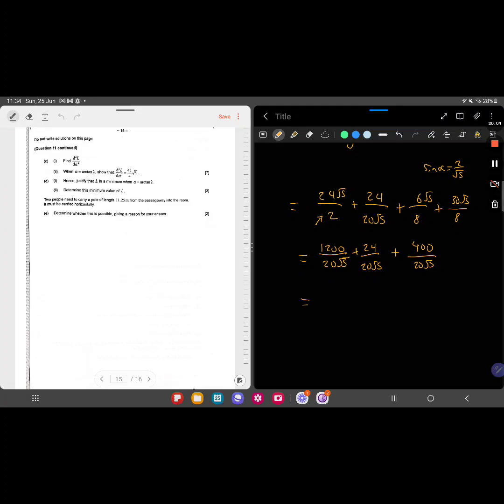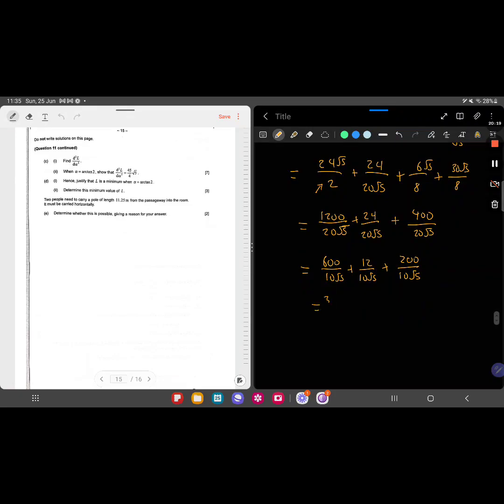What the? This is such a big equation. Wait, I can divide by 2 on everything. 600 over 10 root 5 plus 12 over 10 root 5 plus 200 over 10 root 5. Divide by 2 again. 300 over 5 root 5 plus 6 over 5 root 5. So 100 over 5 root 5.